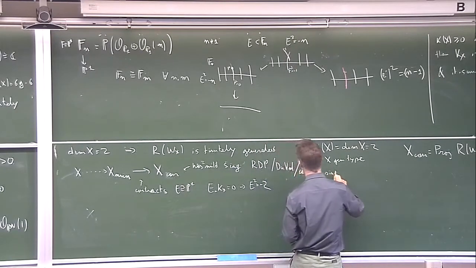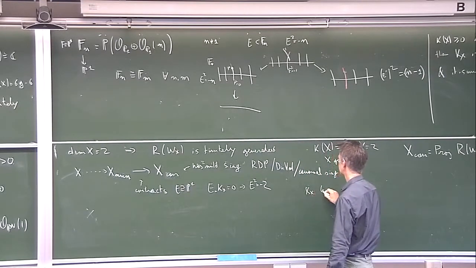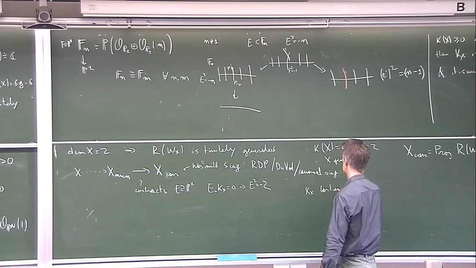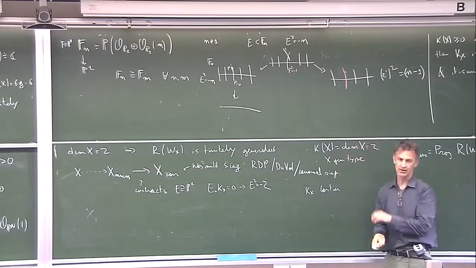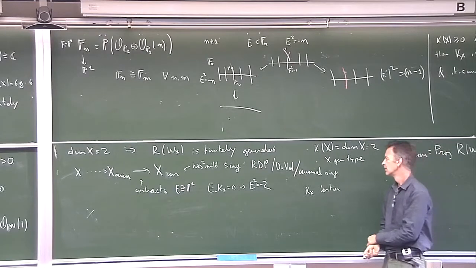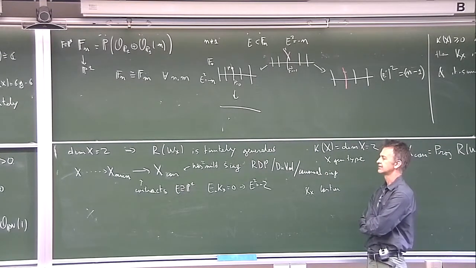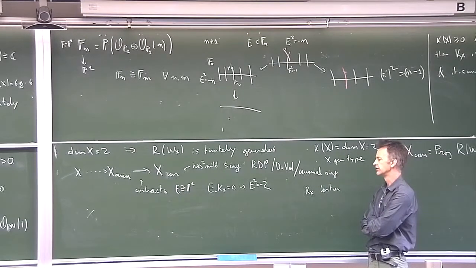So they're very mild. For example, K_X is still a Cartier divisor, but the model is not smooth. It's very easy to write down examples of those singularities, and there's no avoiding this.